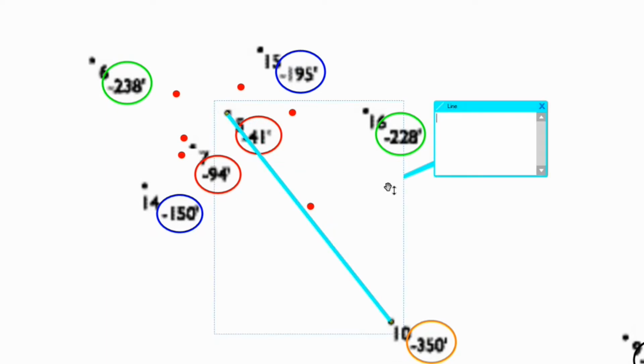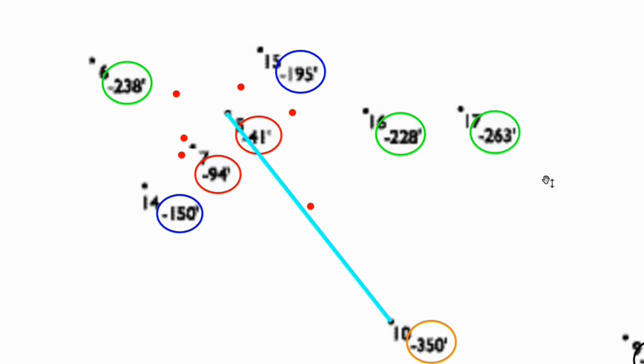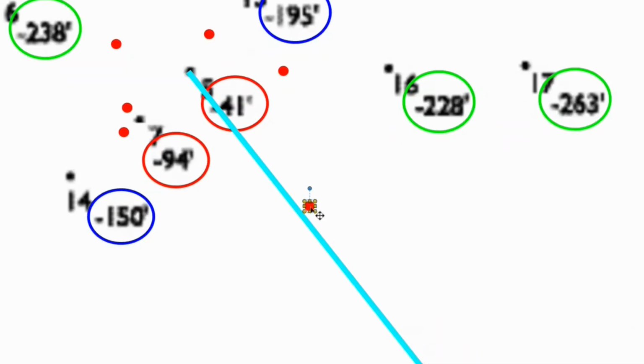Got it. We need to keep going clear out to here, 350 to 41. So we got 100 minus 41 divided by 100 minus 350. So that's 25% of the way. So that's something like that.